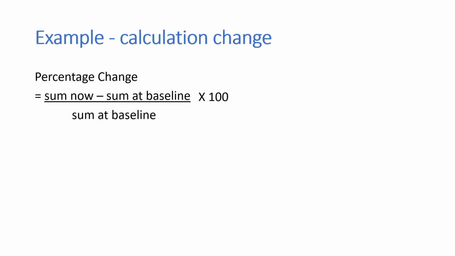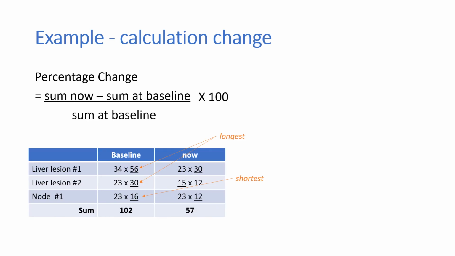Okay, let's go through an example. So here we go. We've got 2 liver lesions and 1 lymph node lesion, and you've got the baseline measurements and you've got the lesions now, and you have to work out what the percentage change is. This is how we work out whether there's a response or not.